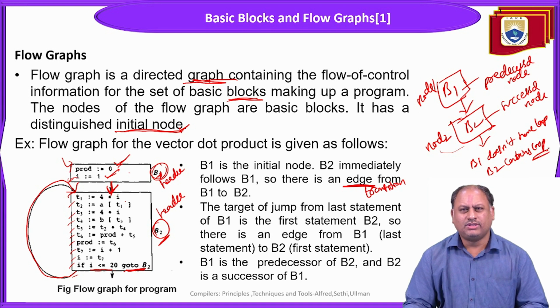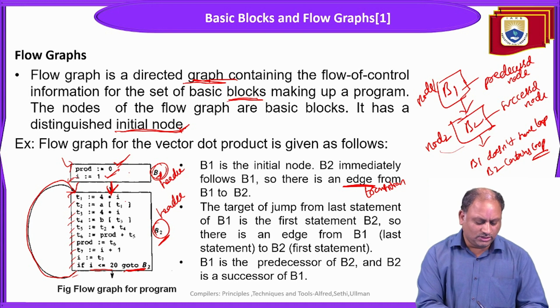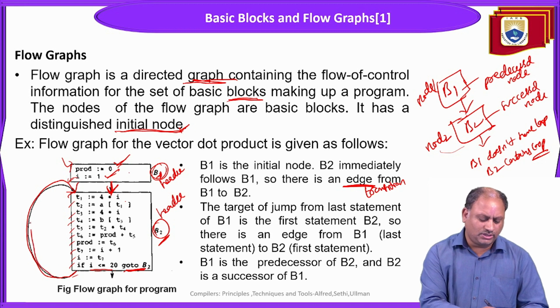How do you verify whether the graph representation contains a loop? There is an arrow mark pointing to an edge which starts from the last statement and goes back to the first statement of this block.